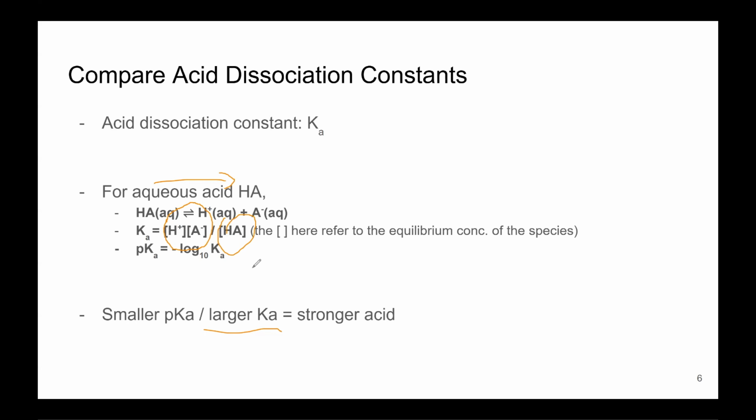That's why a larger Ka means the acid dissociates better, and that's why it's a stronger acid. A larger Ka implies a smaller pKa, because you take the negative log 10 of Ka. So a smaller pKa also indicates a stronger acid.